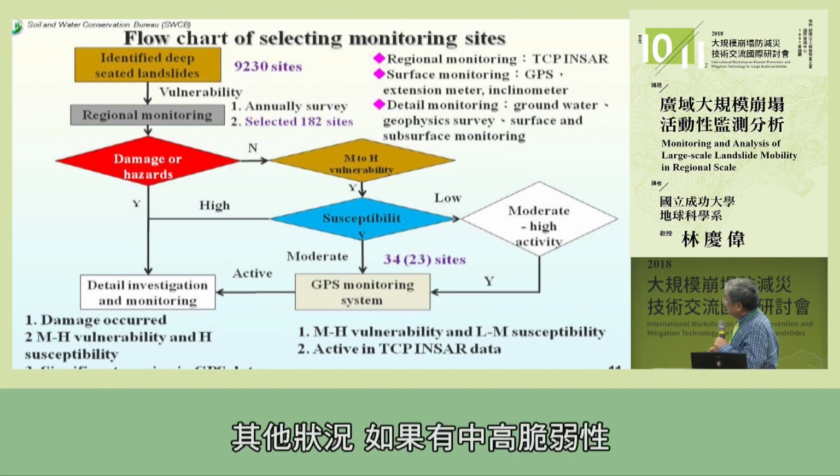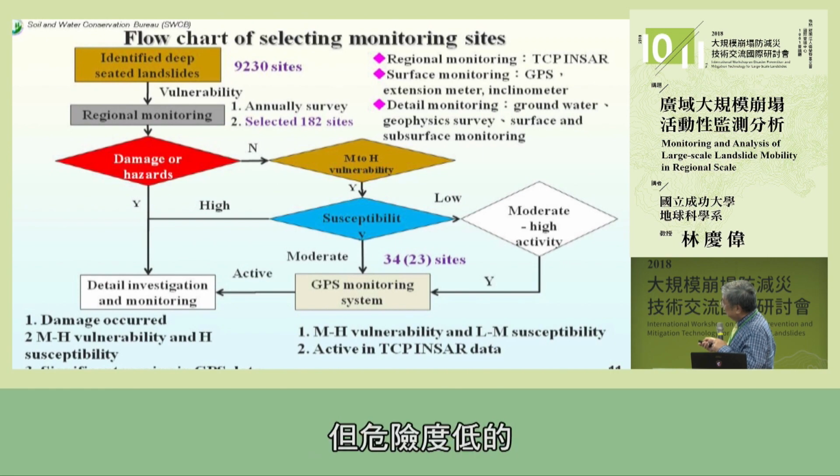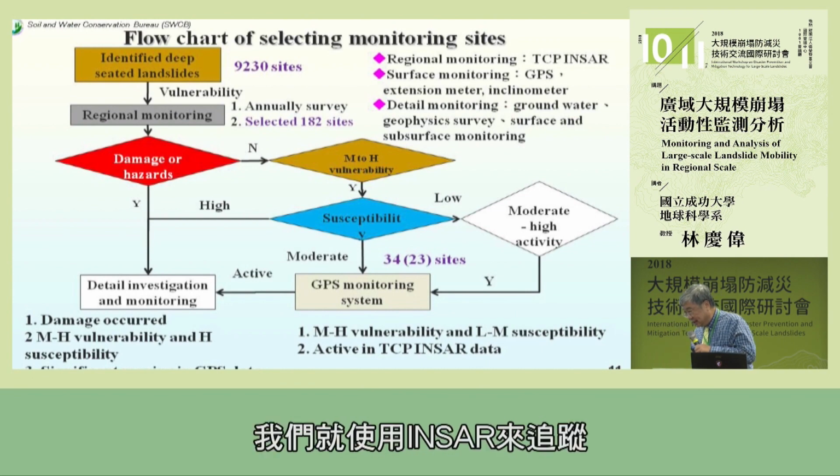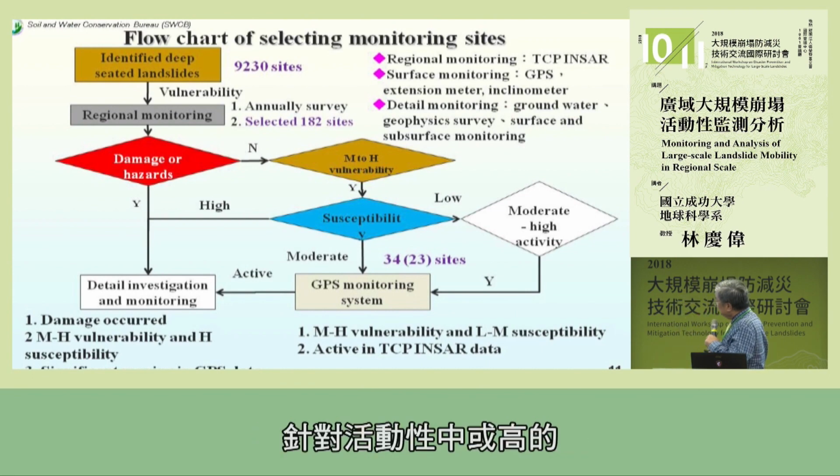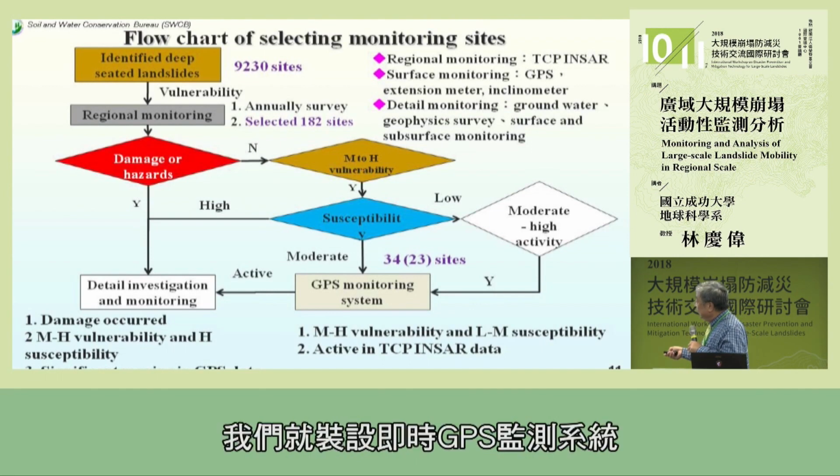In the other situation, if a site has moderate to high variability but only low susceptibility, we use the InSAR information to evaluate it. If it has moderate to high activity, then we install a real-time GPS monitoring system.